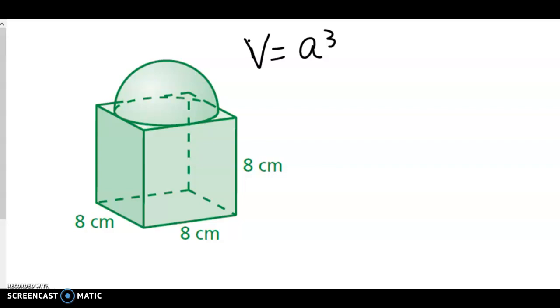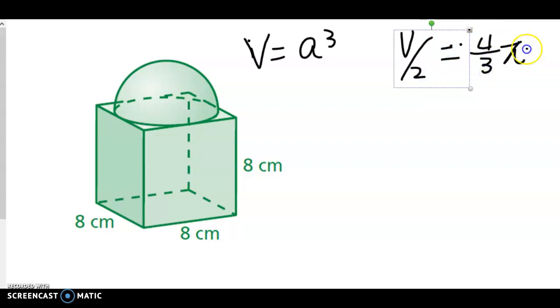Because length, width, and height are the same, that's why it's a cube. For the hemisphere, it is the sphere volume over 2, which is 4 over 3 pi r cubed over 2. For the cube, that's equal to 8 cubed, because a equals 8.